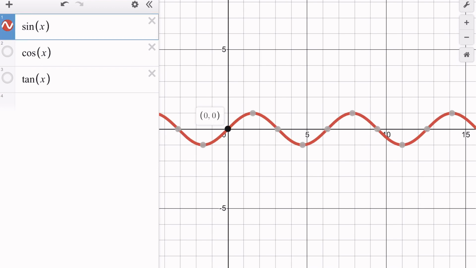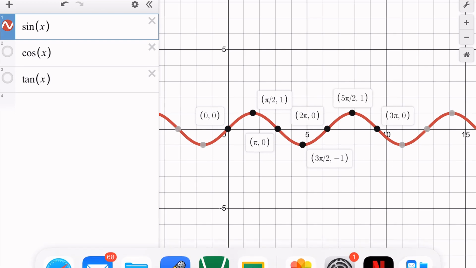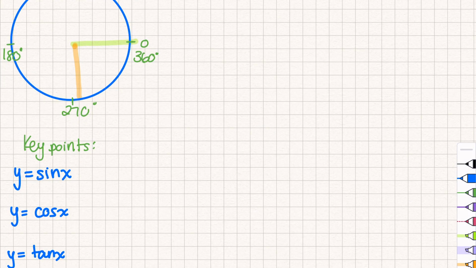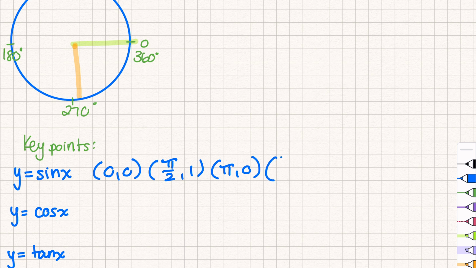And then when we're looking at our key points here, we go: 0, 0, pi over 2, 1, pi, 0, 3 pi over 2, negative 1, and 2 pi, 0.